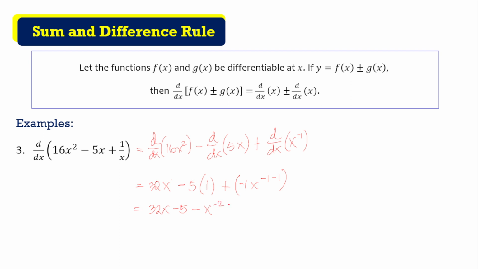We can have that as the final answer, or we can write this as 32x minus 5 minus 1 over x squared. We can have this as our final answer, or this one is also correct. If your final answer is this, that's also correct. Right? So that's how we operate under the sum and difference rule of differentiation.